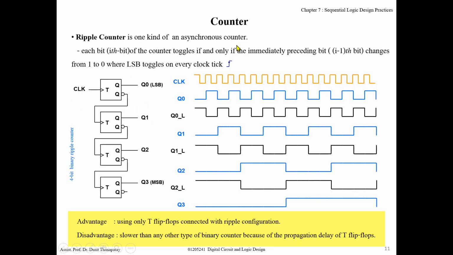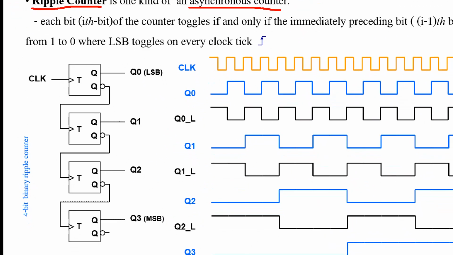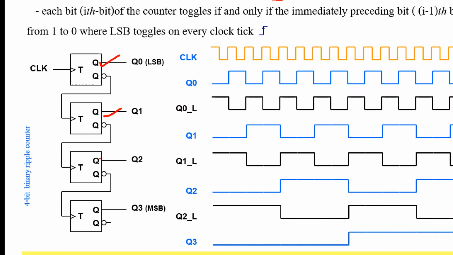This kind of counter is called a ripple counter or asynchronous counter. Why asynchronous? Because each bit uses a different clock signal. Namely, this one uses the clock directly, but this one uses this one, and this one uses this one.